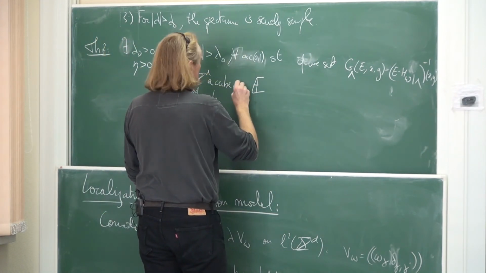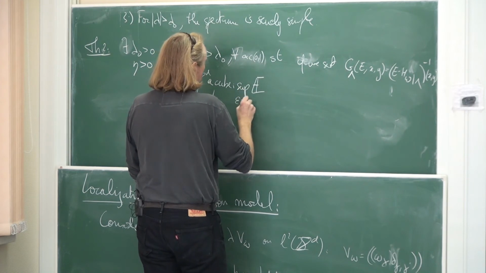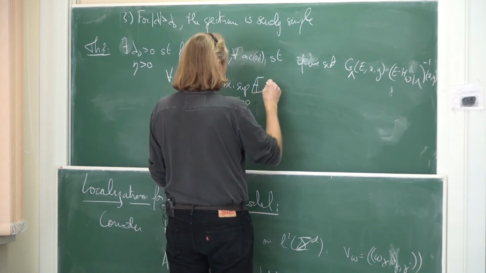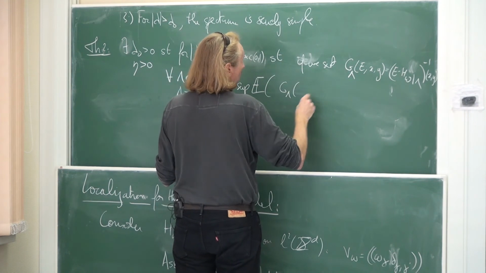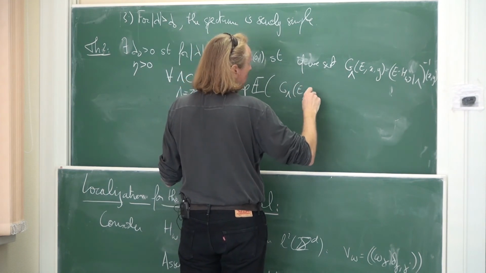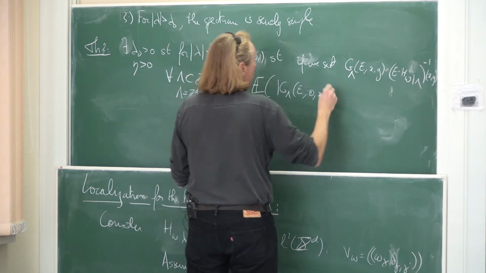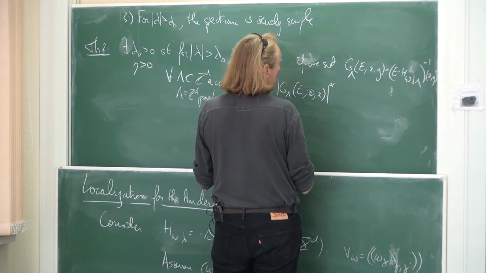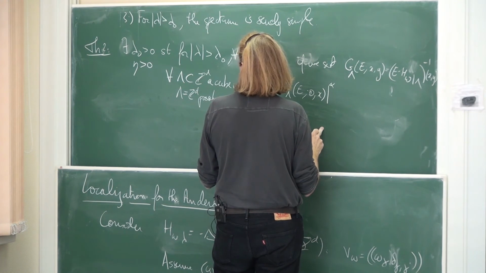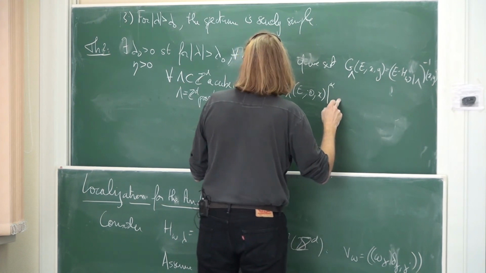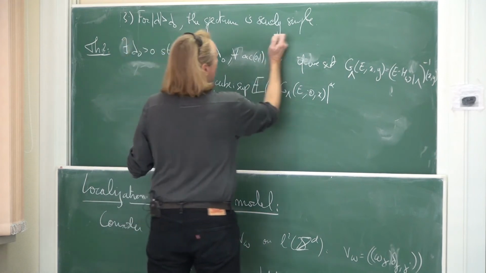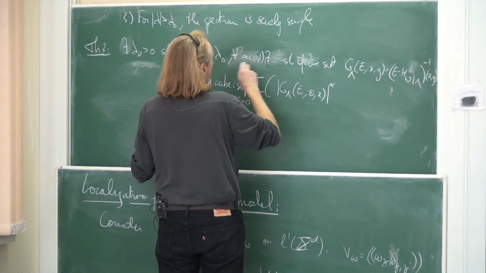I look at the sup over ε positive of the expectation of |G_Λ(E+iε; 0, x)|^α, and let me put the η back in here. For any α, there exists η positive, which is η(α), e^{-η|x|}.